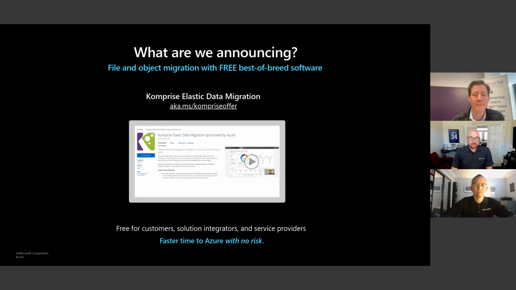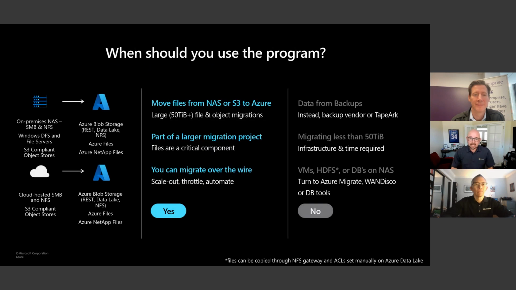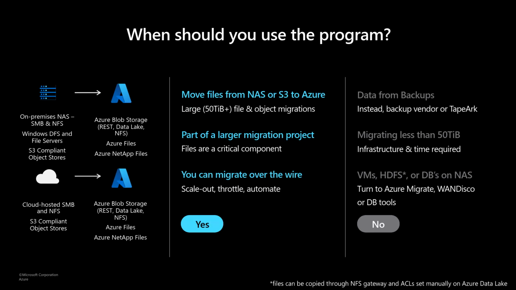when it makes sense for you to do so. And that is what I want to talk about here on my last slide before I hand things back over. And that is, where does it make sense to engage and to take advantage of Komprise Elastic Data Migration capabilities? Well, I've got a few examples here, and I'm not going to read through all of these. This is something you can obviously do while I'm talking.